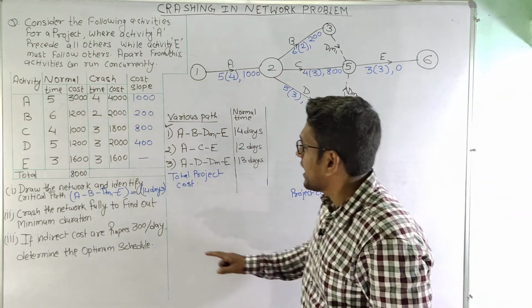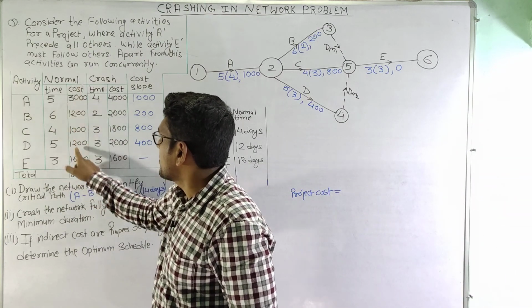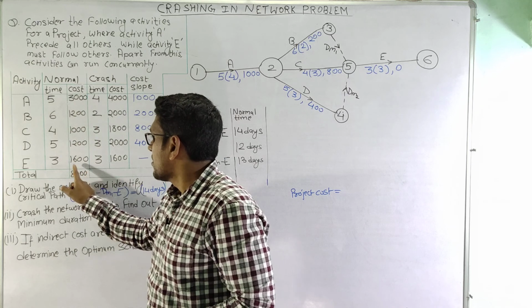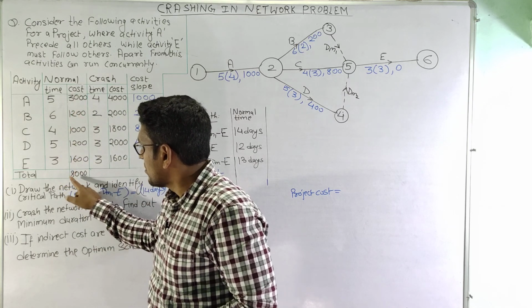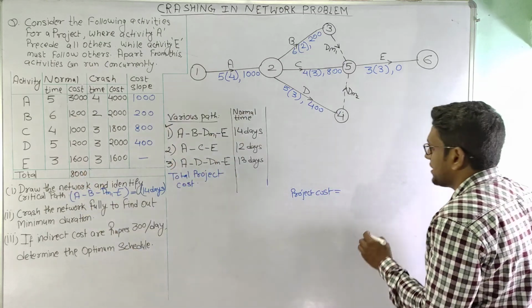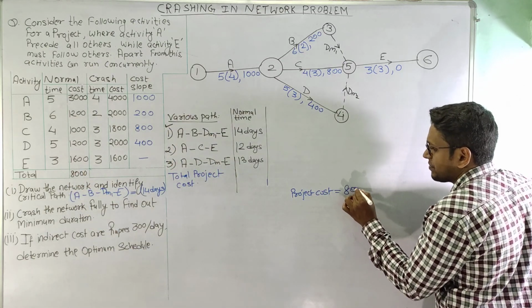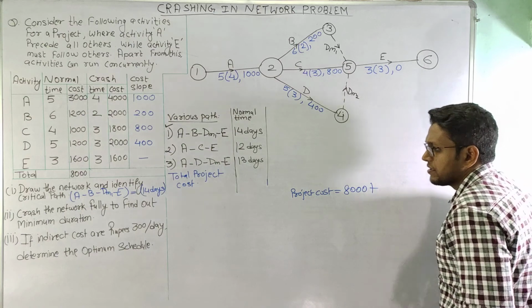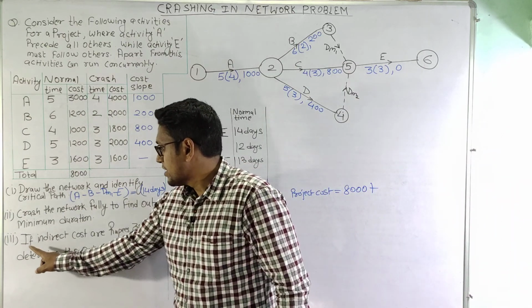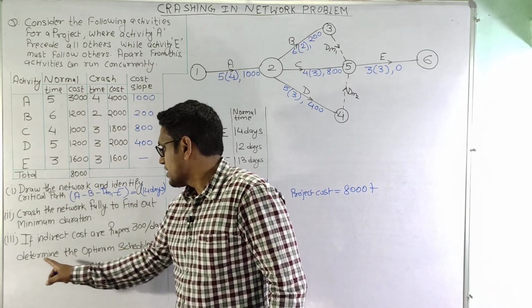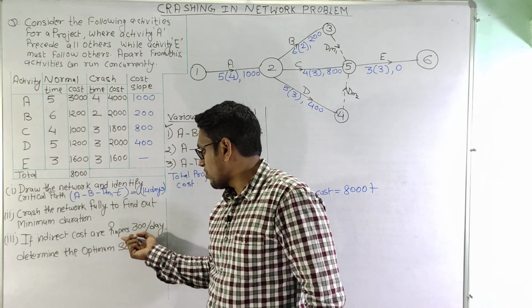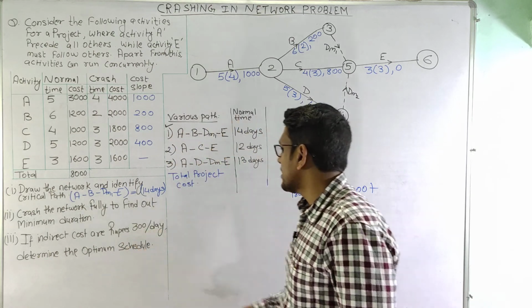For normal time, this is the direct cost for various activities, and this amounts to 8,000. So the direct cost here is 8,000 plus, as we can see in the third part, it says that if the indirect costs are rupees 300 per day, determine the optimum schedule.